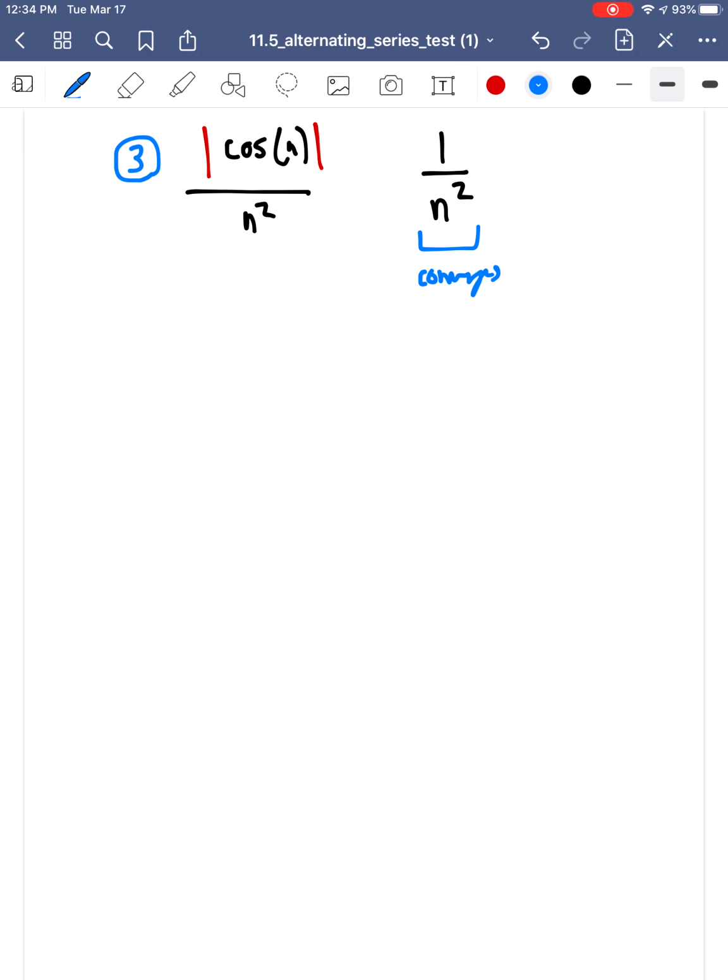So how can we set up this inequality? Well, remember, we have the absolute value of cosine of n all over n squared, and we're comparing to just the series of 1 over n squared. And we kind of did this already, right? If we're showing that the series we compared to converges, we want to show that our series is smaller than a known convergent series.